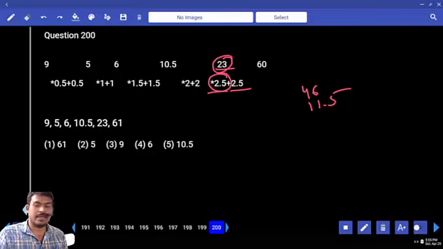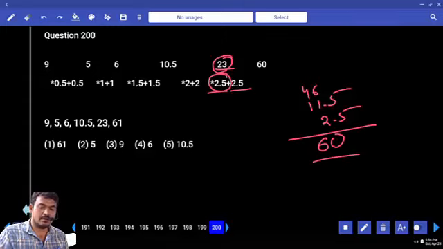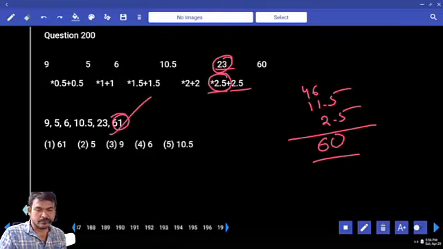Again we are adding how much? 2.5. Total it is 60. But here the value is how much? 61. What is the wrong number? 61.